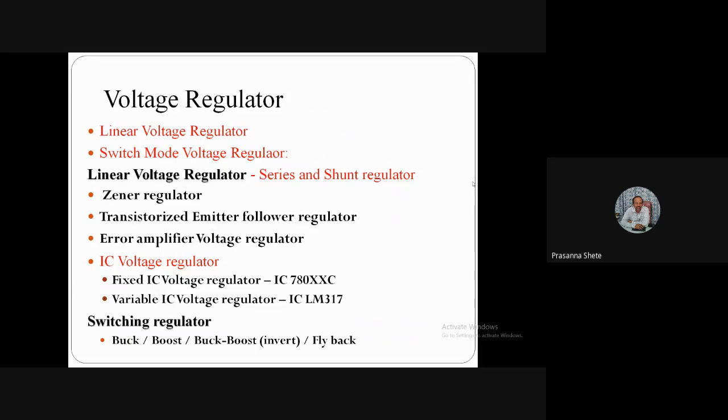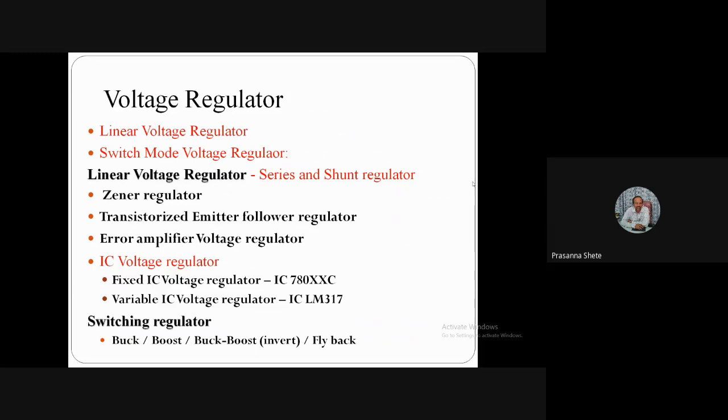Now see students, when we start with the Zener regulator, it is the simplest regulator with low cost. As you go further with transistorized, with IC, with switch mode power supply, the cost of the voltage regulator increases and the regulation improves as we go towards the switch mode voltage regulator. The basic regulator also does the same thing, and the switch mode power supply also does the same thing.